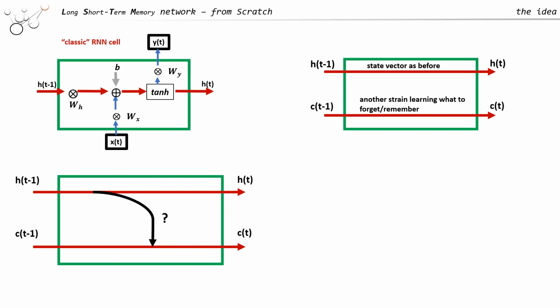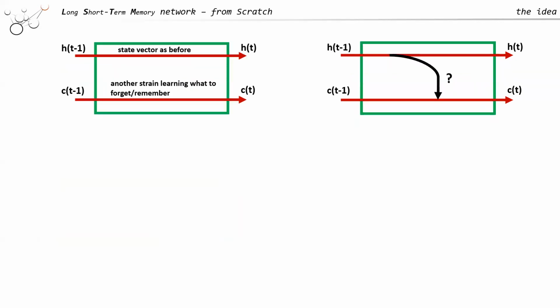But the key point is still that we have these two strains, and these two strains pass information from the previous time step to the next time step, and they have to communicate with each other because they have to say which part is responsible for long-term changes and which part is responsible for short-term changes. And I will explain this in more detail in the next chapter.